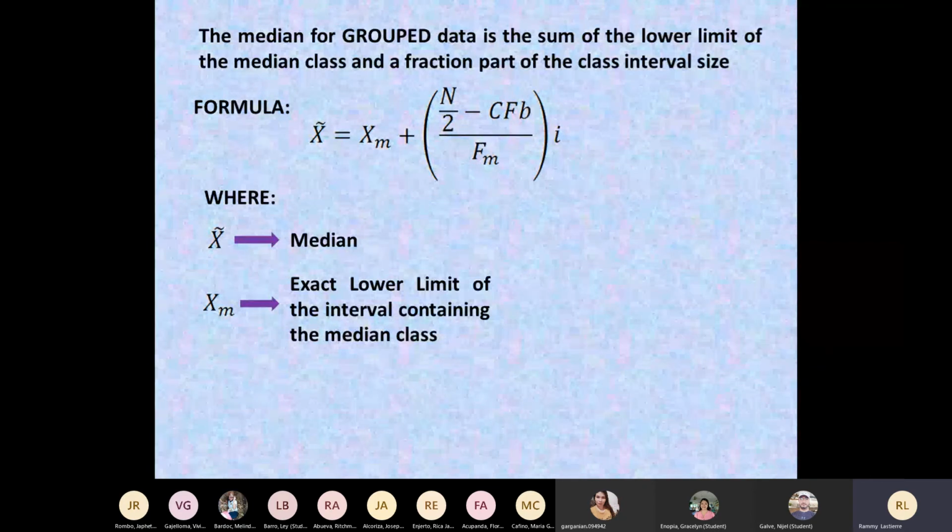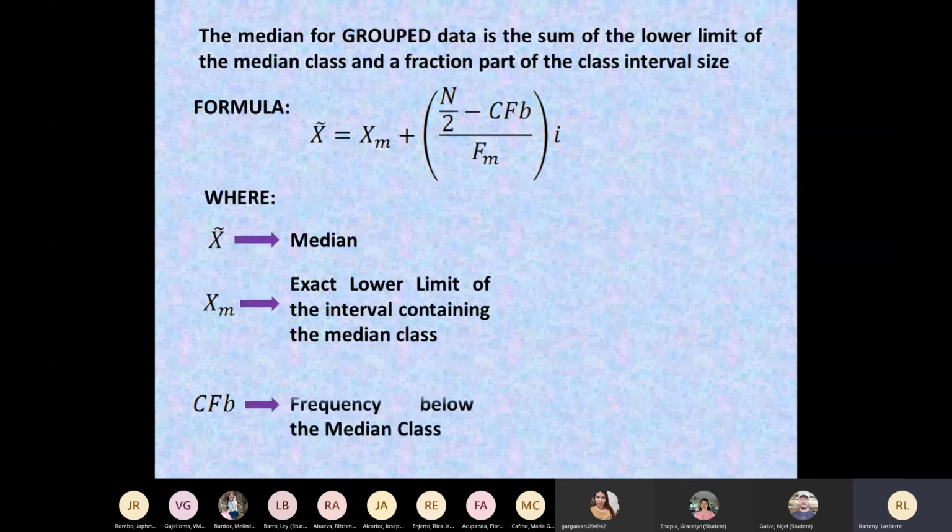Since ginapamangkot is the lower boundary, only get the lower boundary of that particular class. Okay. CFB means cumulative frequency before. FM is the frequency of the median class.